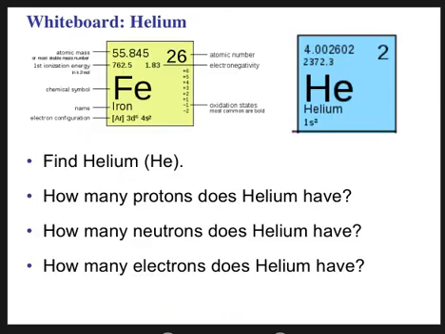And then what you're going to do is you're going to answer some questions. So you found the helium, there it is on the right, and you're going to say, how many protons does helium have? So you need those initial definitions that we talked about, right? So number of protons. Well, I know that the atomic number is the number of protons, so I'm going to find the atomic number for helium. Okay, how many neutrons?